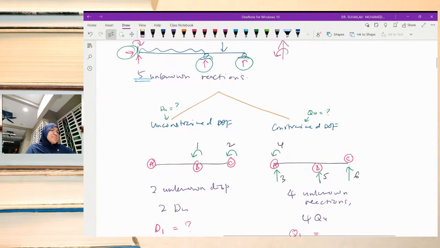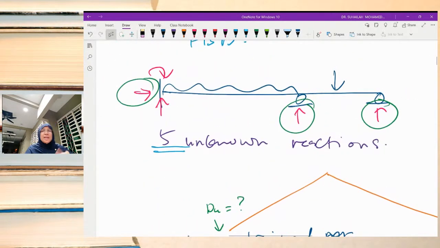Okay, let's understand more about this. Because we always look at Q and D from 1 to 6, we have to be able to imagine the physical meaning. What is Q1? What is Q2? What is Q6? What is D1 until D6? So we have to look at this again.